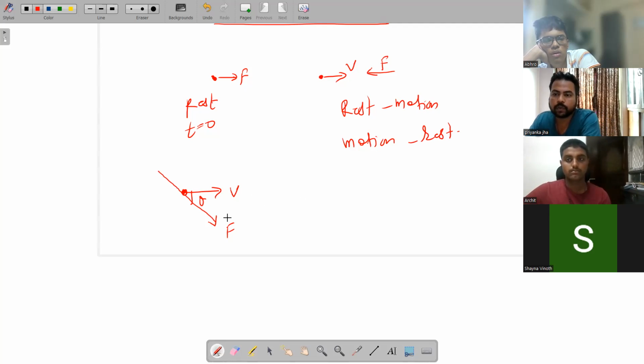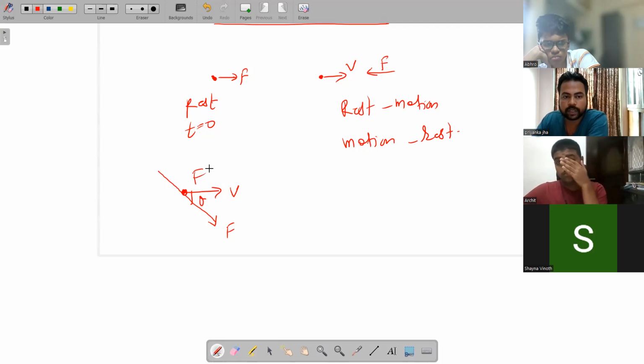Now this force will do two different things. If you break this force into components, one component along the line of motion will be F cos theta, and one perpendicular to the line of motion will be F sin theta.